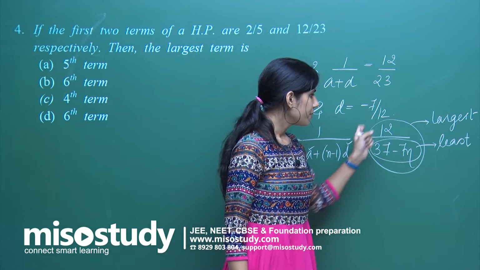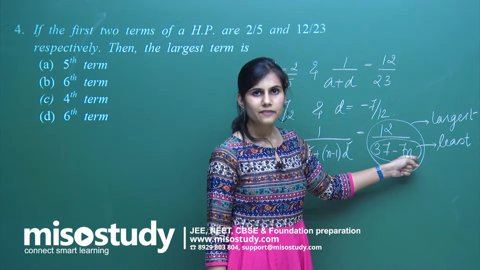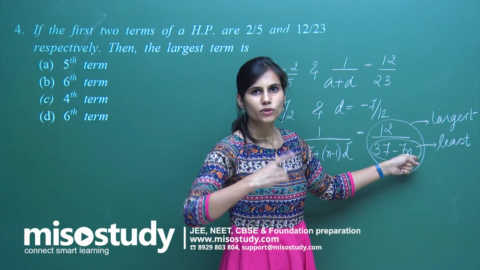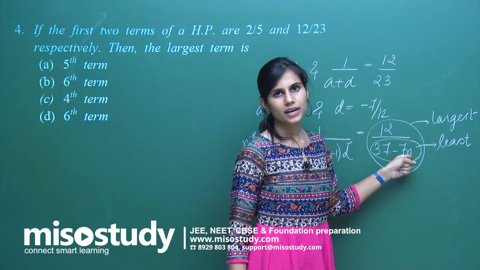For which N the denominator is the least, you can very clearly see, you can plug in N equals 1, 2, 3, 4, 5. At 5 you will have to stop because 6 is going to exceed it again. At 5 you get 37 minus 35, which is 2.